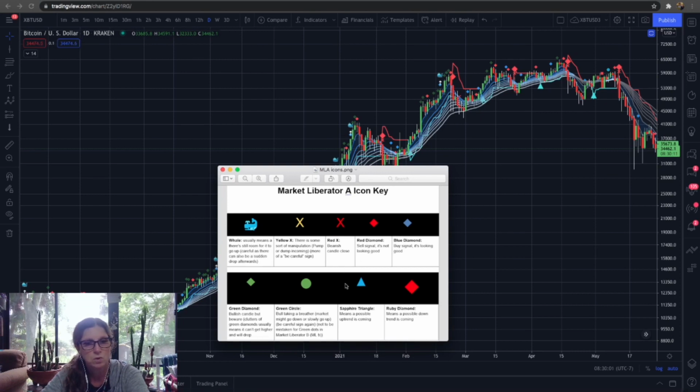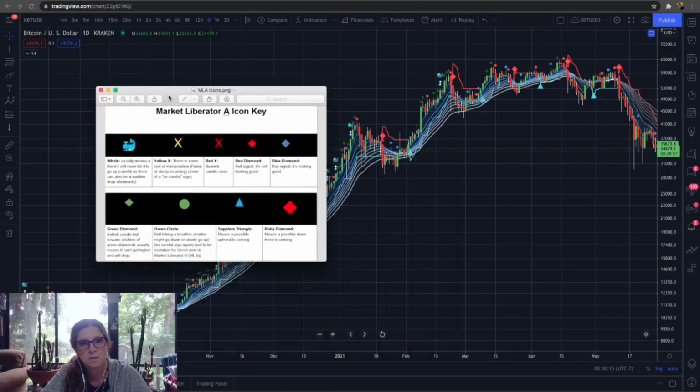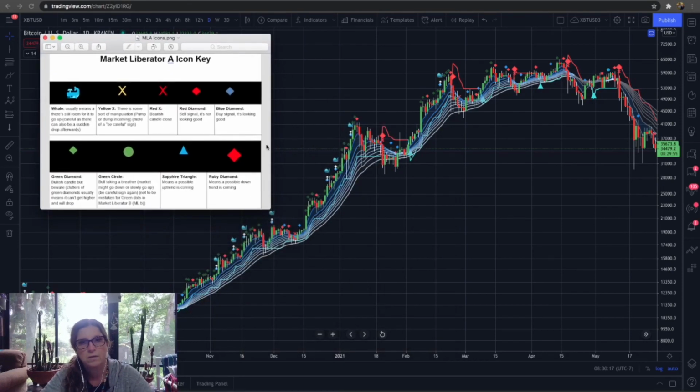The blue triangles mean that a possible uptrend is coming. And right here, you got a blue triangle. Here's one. Here's one. And here was one. So basically, the triangles catch the trend when it's pretty much starting.